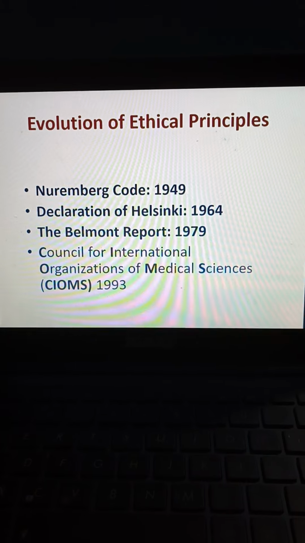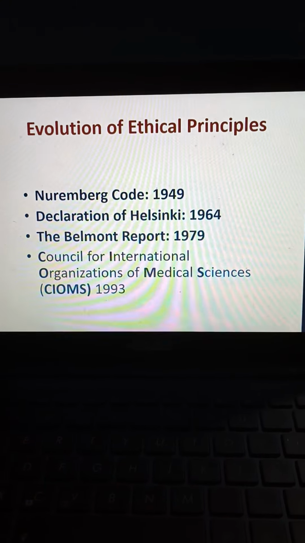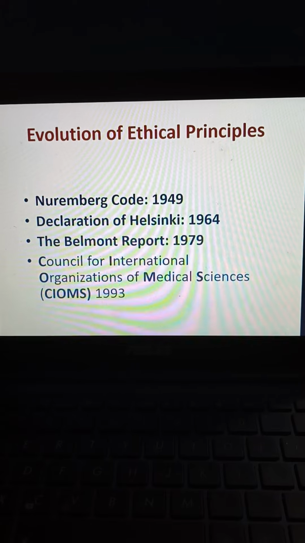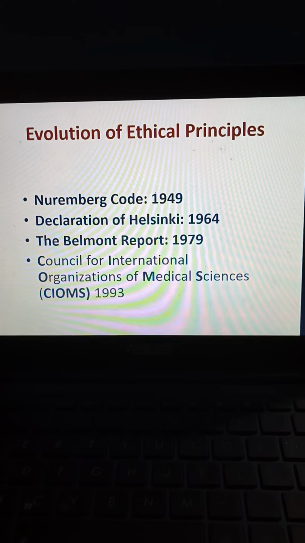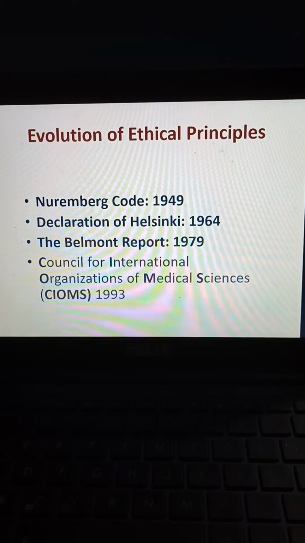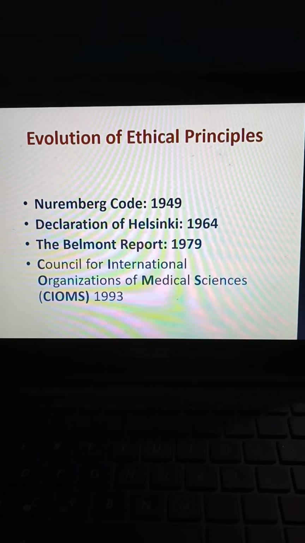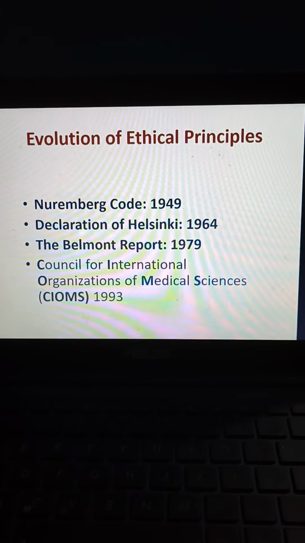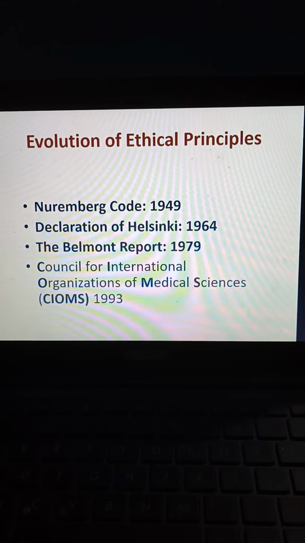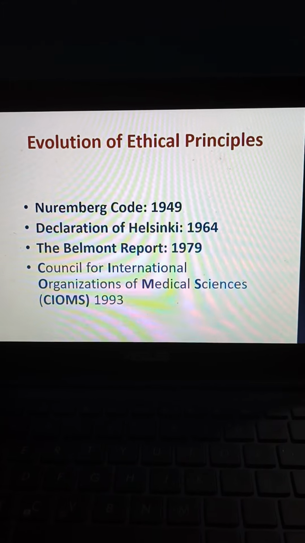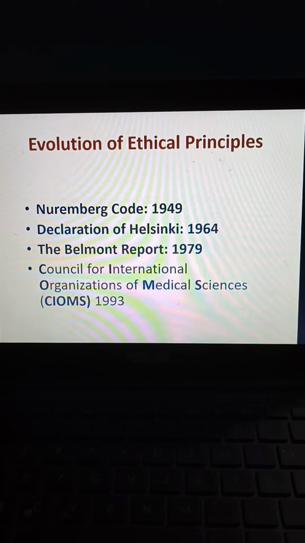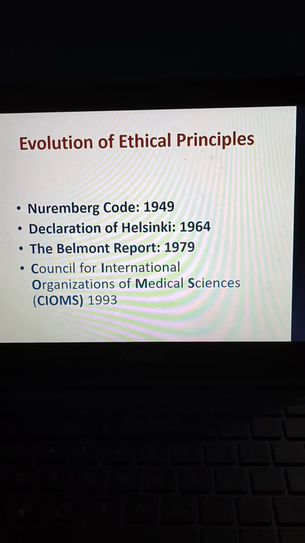Then coming to evolution of ethical principles. In 1949, the Nuremberg Code evolved, and 1964 Declaration of Helsinki, and 1979 the Belmont Report, and Council for International Organizations of Medical Sciences, CIOMS, in 1993.